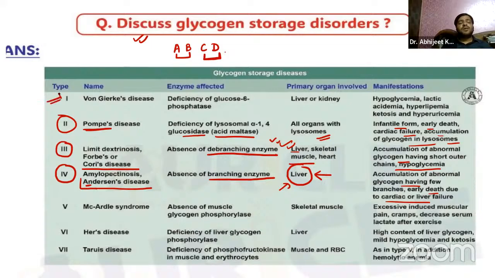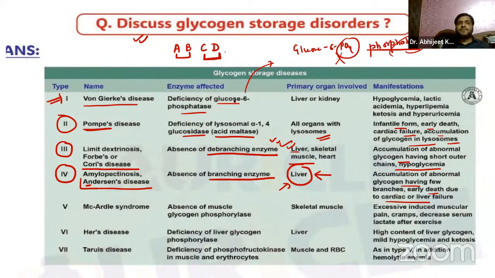Coming on to the very important one, von Gierke's disease, that is glucose 6 phosphatase. Now, guys, tell me, what is the function of glucose 6 phosphatase? What is the work of phosphatase? Phosphatase helps to remove the phosphate group.